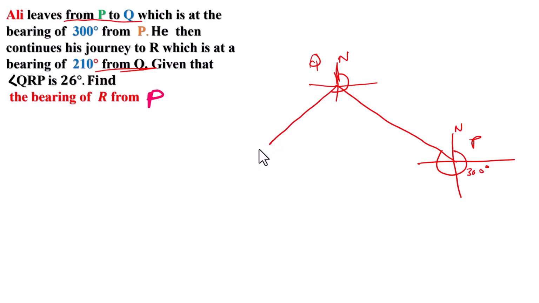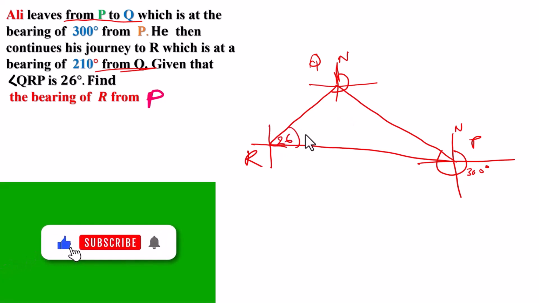So this side is R. We can join this, and locate our north here. This side is 26.